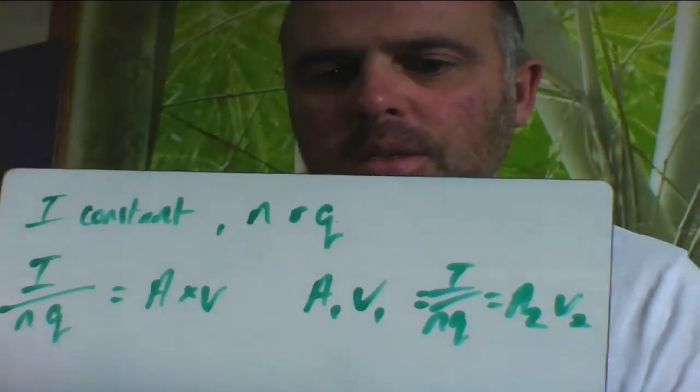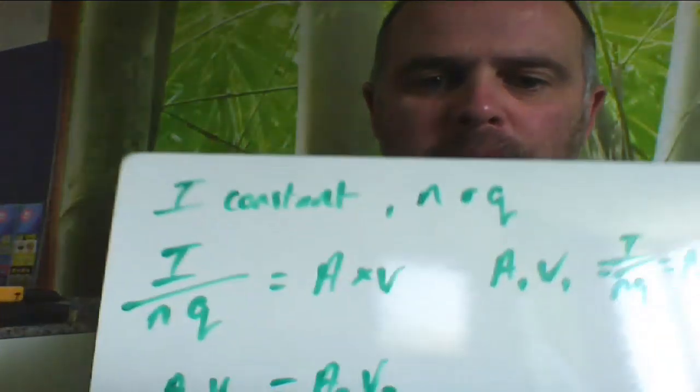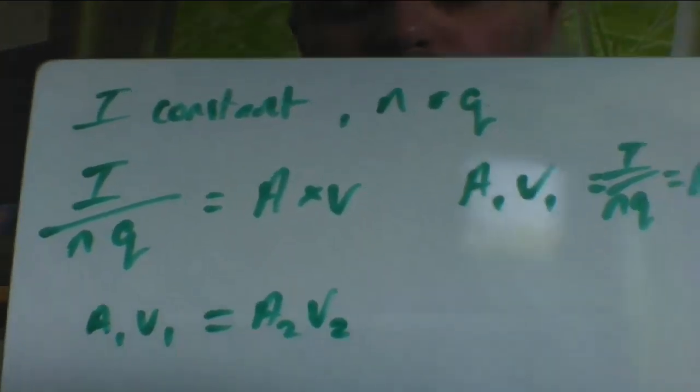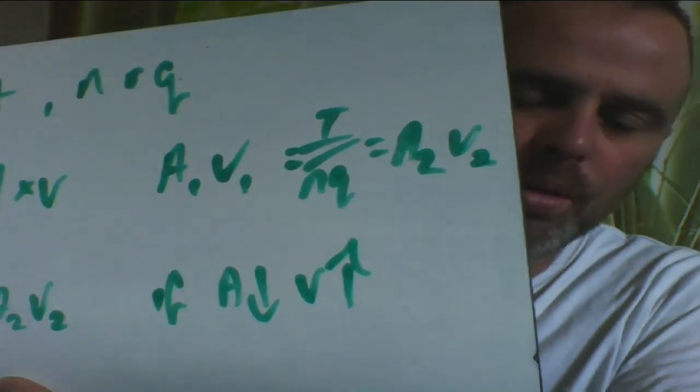So what I can do is I can get rid of the constant bit there in the middle, and I can say A1 V1 is going to be equal to A2 V2. Okay, to put it rather crudely, I can say that if the cross-section area decreases, that must mean that the velocity is going to increase to make the same product or the same number.